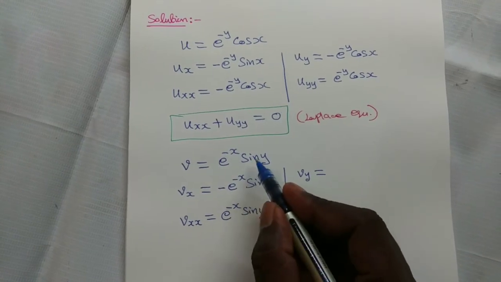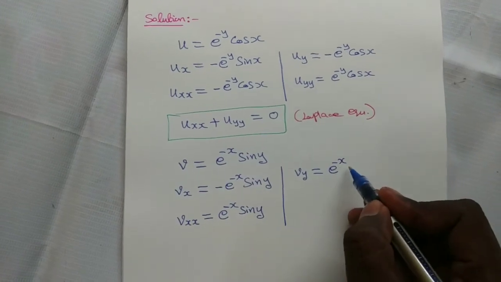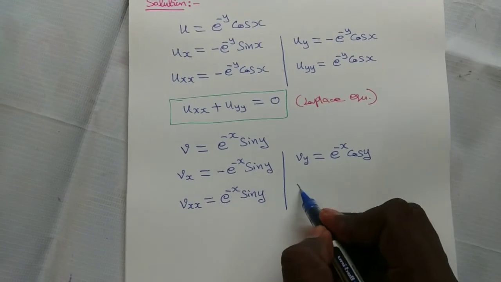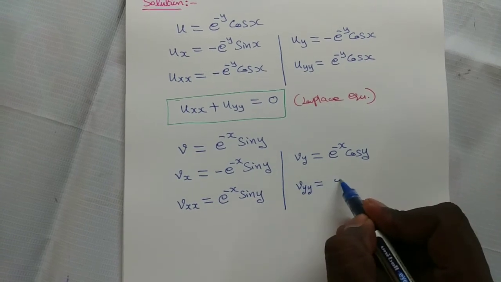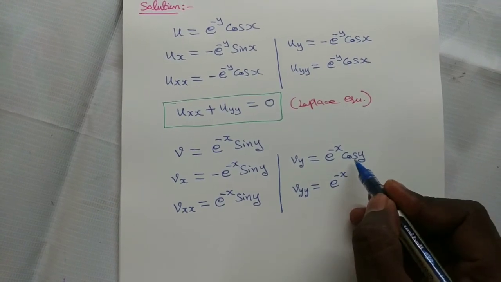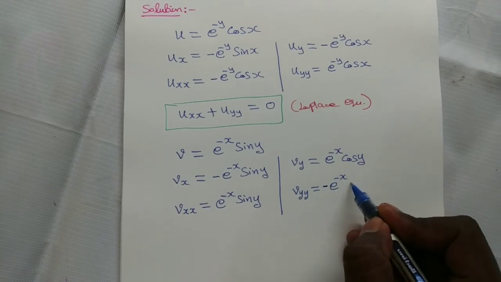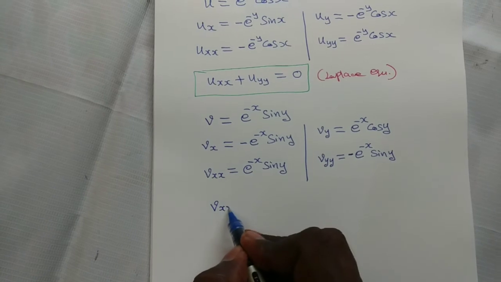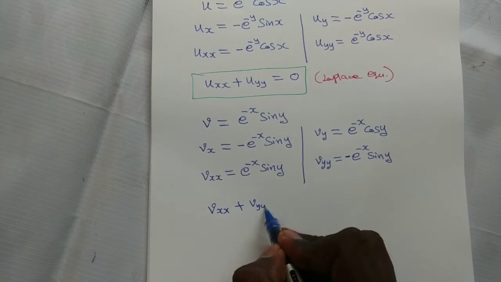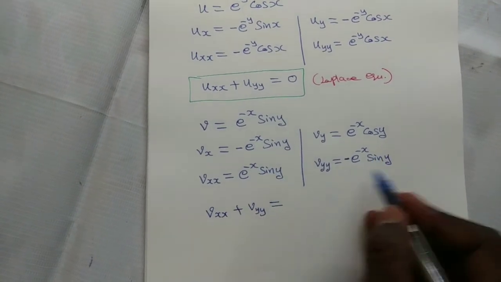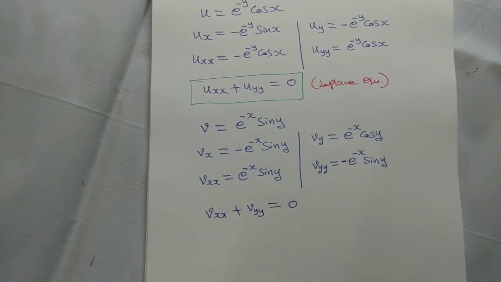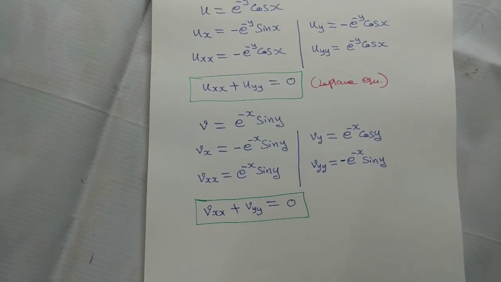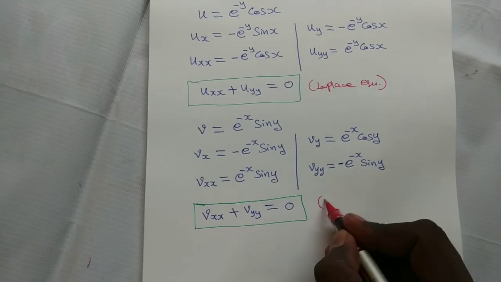The derivative of sin y is cos y. So vy is e power minus x into cos y. Once again with respect to y, vyy is e power minus x into the derivative of cos y, which is minus sin y. So now add these two. vxx plus vyy is equal to, this is positive, this is negative, so it is 0. So v also satisfies the Laplace equation.